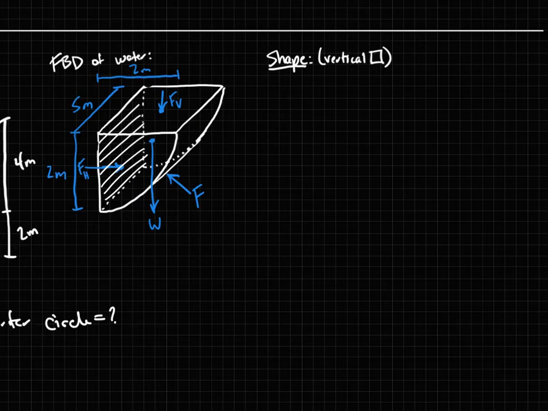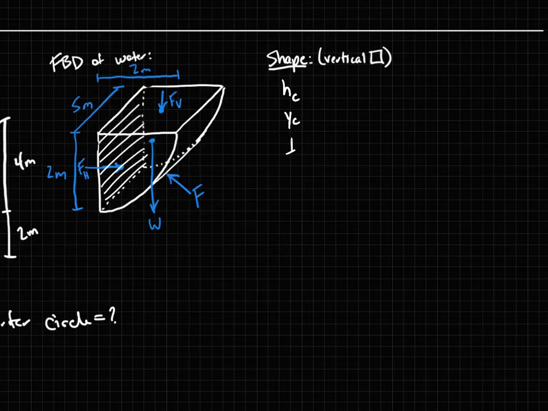what I want you to do is think about the things that we need when we're doing these shapes. We need the depth to the centroid, which is h sub c according to your book, although in my notes you'll see h bar. We need the distance to the centroid along the face of this shape.